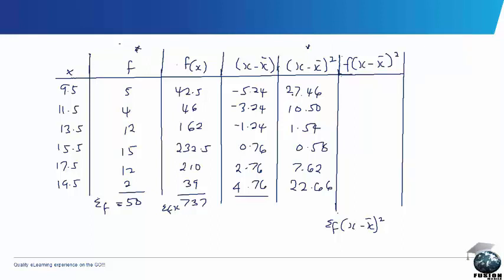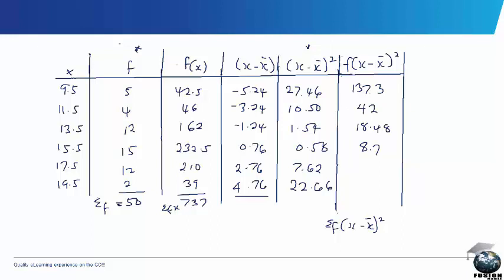So we have 5 times 27.46, which equals 137.3. Then 10.50 times 4 gives us 42. 1.54 times 12 is 18.48. 0.58 times 15, the frequency there being 15, is equal to 8.7.